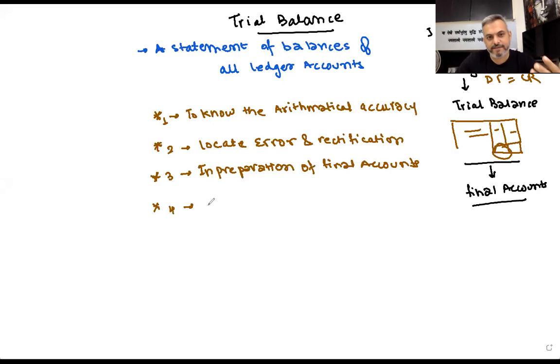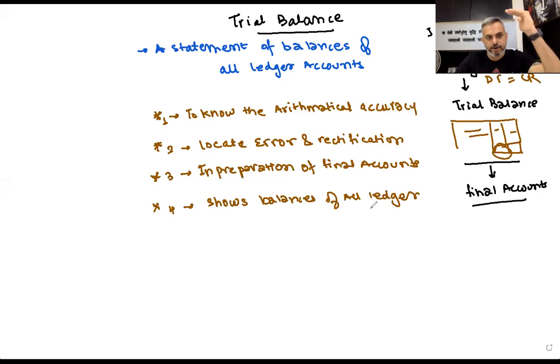And then the fourth one, the purpose of making a trial balance. As you all know, it's a statement, so it shows balances of all ledger accounts. Now, what if a ledger account does not have a balance? If the debit side and credit side of the ledger have tallied, it means there is no balance, so it will not come in the trial balance.